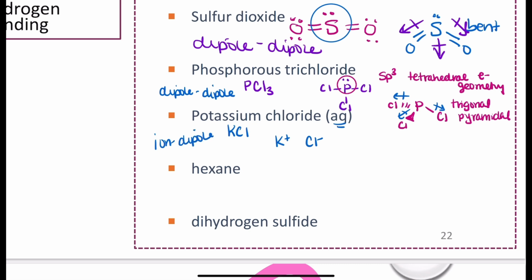Now, hexane. Hexane is an organic molecule. Hex means 6. Ane means all single bonds between the carbon atoms. So I have carbons. I have 6 of them in a row. And then I give all of them enough hydrogens to give them their formal charge of 0.